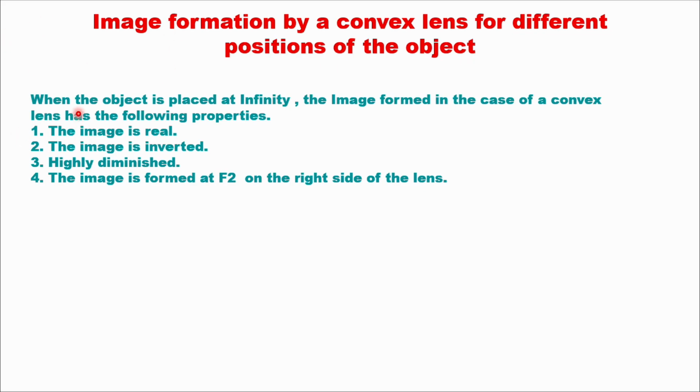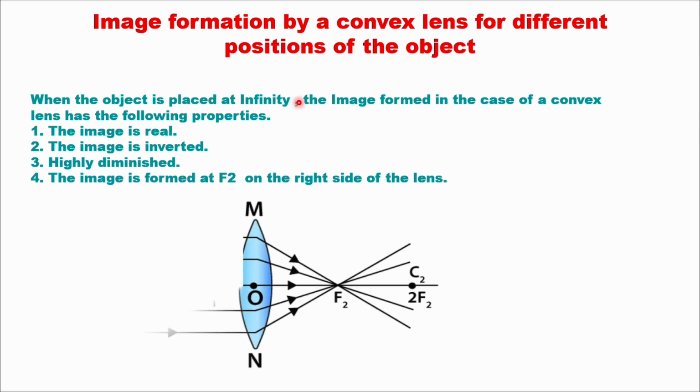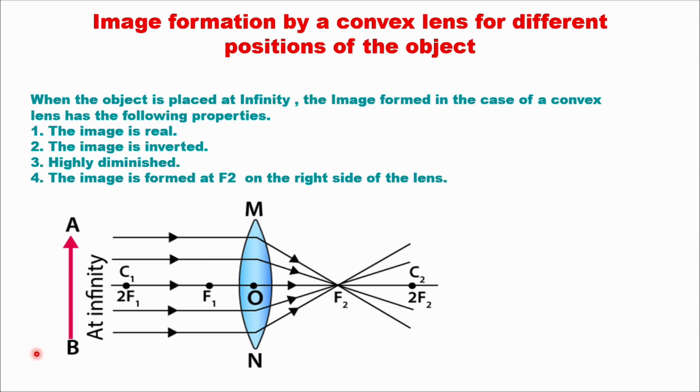Let us consider case 1. In case 1, the object is positioned at infinity. Look at the diagram here. This is the object AB, placed at infinity. These are the light rays from the object, 1, 2, 3 like this. The image formed in case of a convex lens has the following properties.